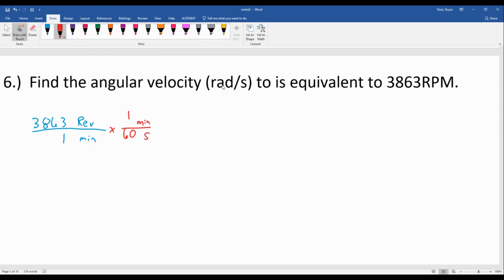The other thing we've got to fix are these radians, and that's the part that might be brand new for some of you. One revolution or rotation or one complete time of turning around in degrees is 360 degrees.